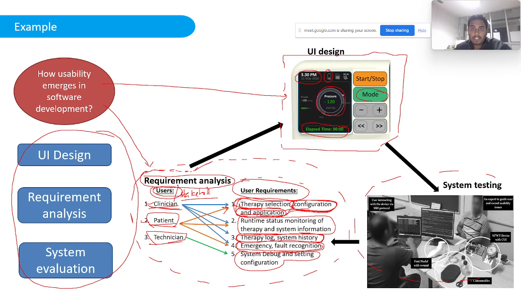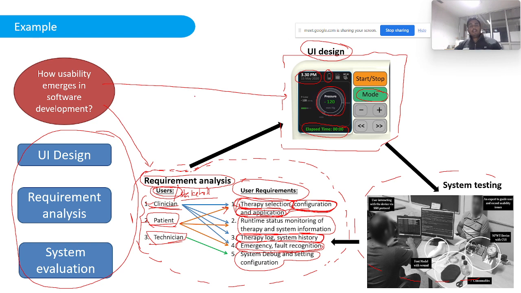This is restricted access, and the clinician and patient should not accidentally go into that mode. That is how we need to design the interface, the UI and the interaction, so that we serve the requirements of each of these user profiles. These come into the picture when we define what needs to go into a UI design.